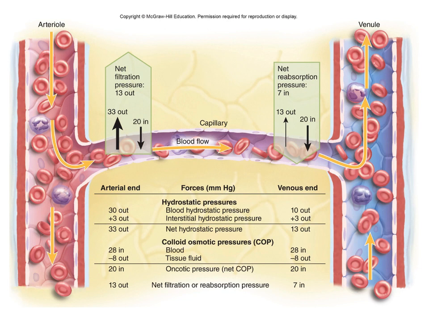So now your net hydrostatic pressure is only 13 millimeters of mercury, but your oncotic pressure has not changed. That is still that 20 millimeters of mercury. So if you do the math problem now, you have 13 minus 20 for a value of minus 7 millimeters of mercury, indicating reabsorption happens at the venous end of the capillary.